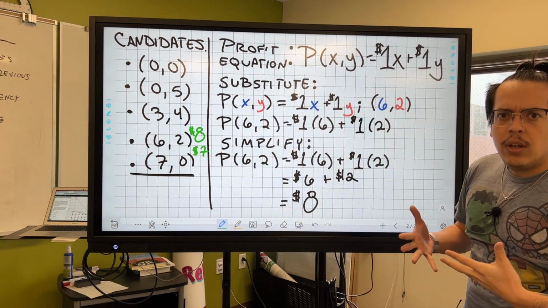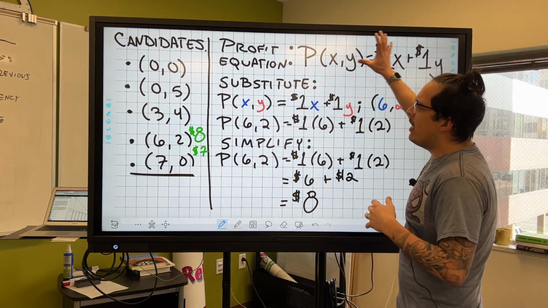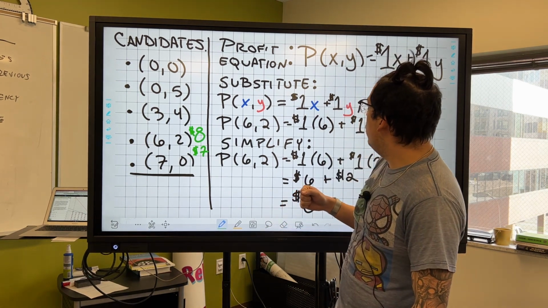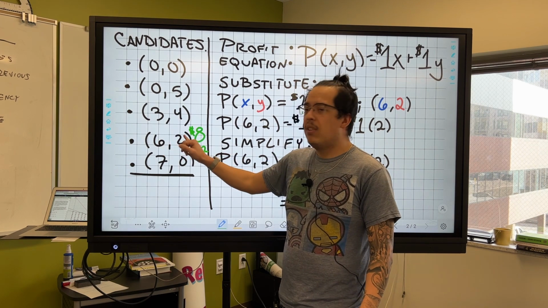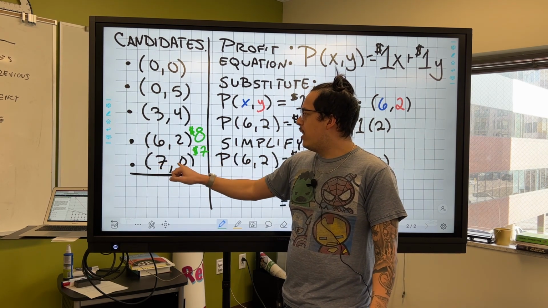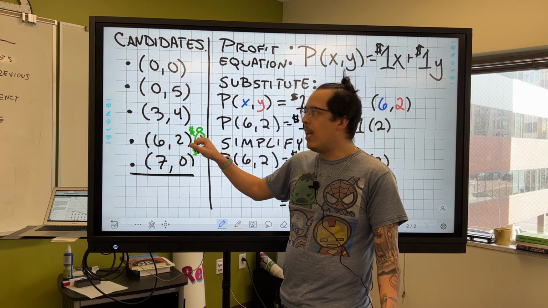And I think now we should see that this profit equation makes it pretty easy to tell the overall profit. All we need to do is take these two numbers and add them together and treat it like dollars. 7 plus 0 is 7 bucks. 6 plus 2 is 8 bucks.